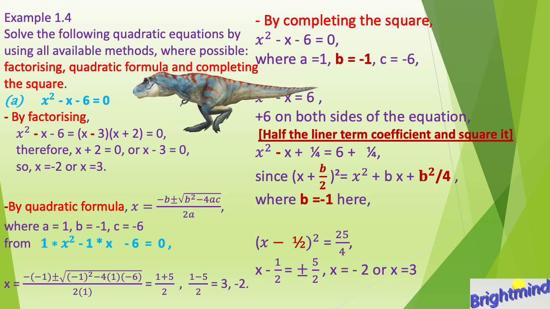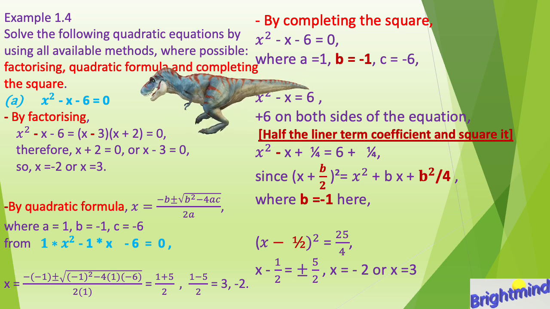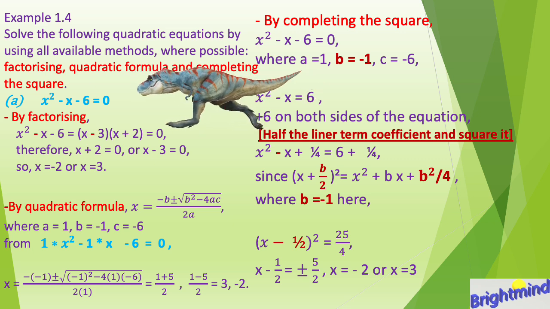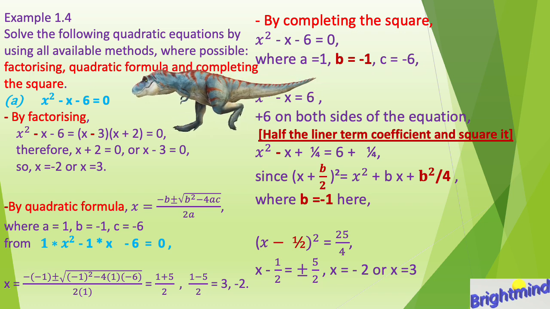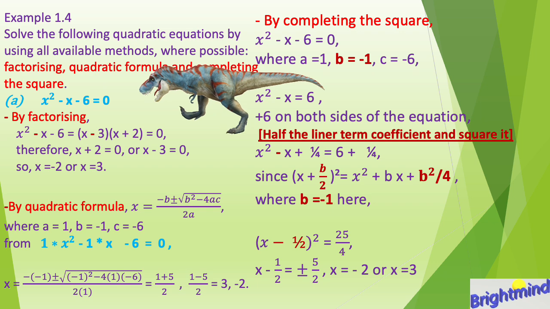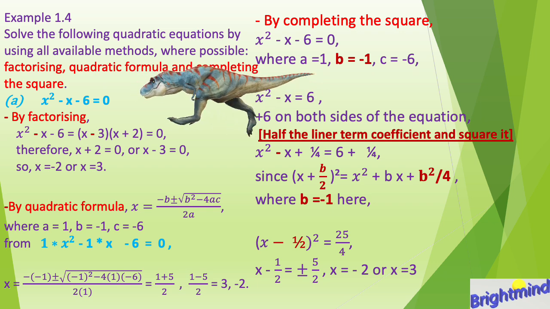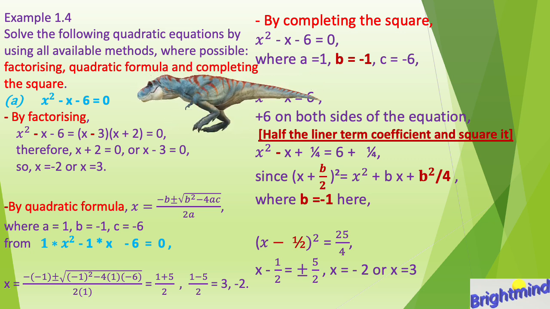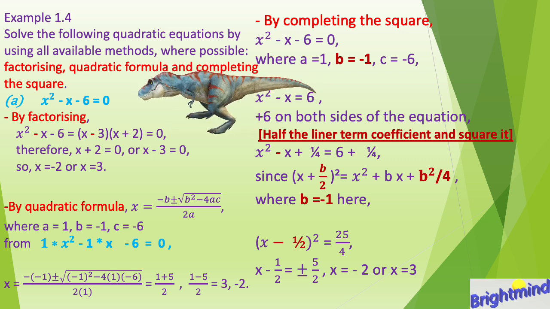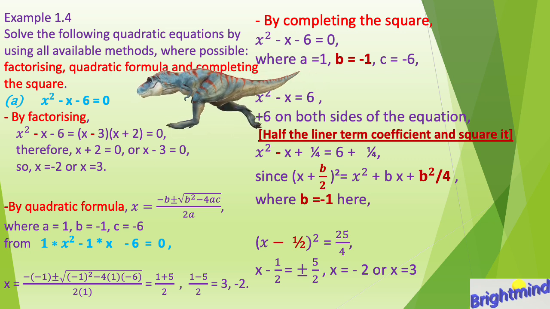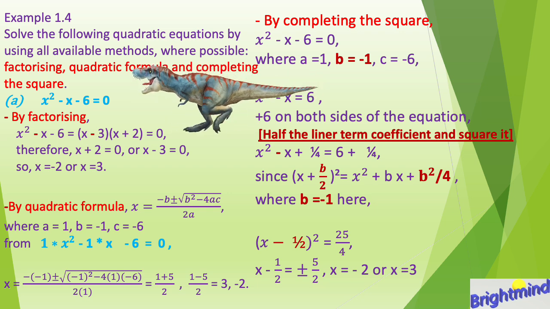You get x squared minus x plus a quarter. Because you add a quarter on the left-hand side of the equation, you need to add a quarter on the right-hand side to make it equal. Therefore, you get x squared minus x plus a quarter equals 6 plus a quarter. The left-hand side, x squared minus x plus a quarter, is the completing square.